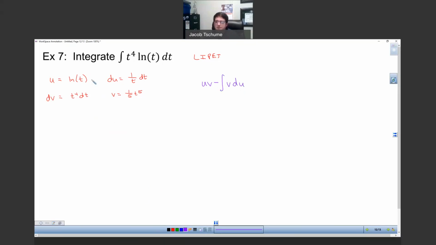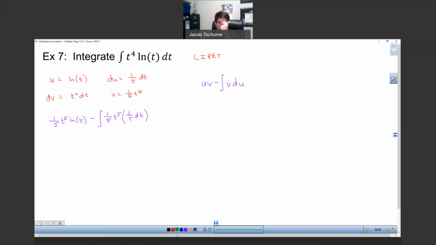So when I multiply my u and my v term together, you will get 1/5 t to the fifth times the natural log of t minus the integral of v du, which is 1/5 t to the fifth times 1/t dt.